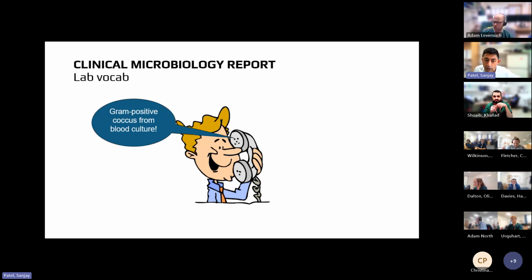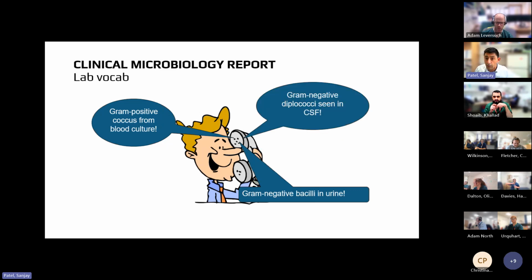So this child may or may not even be in hospital at this point. Or they might ring to say a gram-negative bacilli in the urine, or they might even say a gram-negative diplococcus seen in the CSF, which I think would generate more alarm than maybe some of the others, or great alarm anyway. And so, this is all important because you've very sensibly taken the correct cultures on these children.